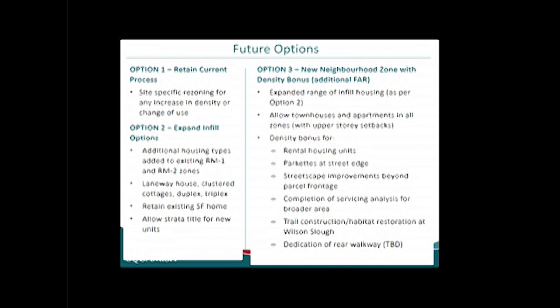So option 3 is looking at a new neighborhood zone with a density bonus structure that allows for an additional floor area.